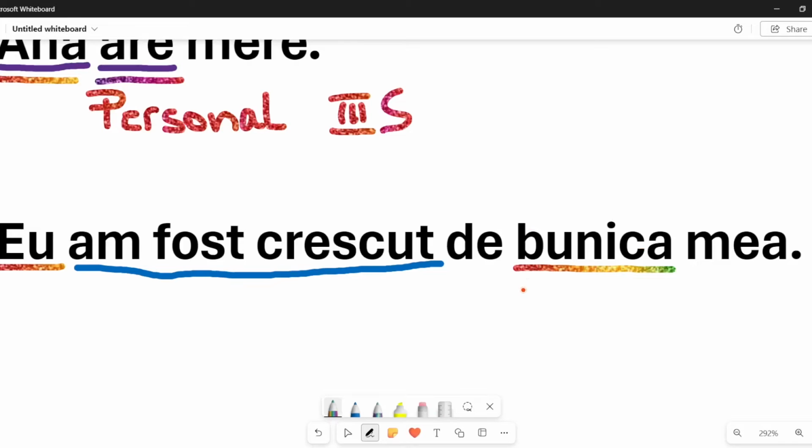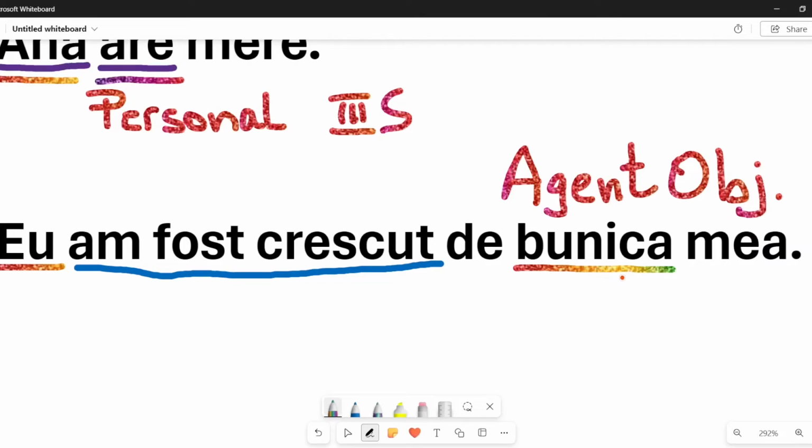So this word bunica in Romanian is called an agent object. You might have heard about direct or indirect objects. We have many types of objects in Romanian. This one is an agent object.